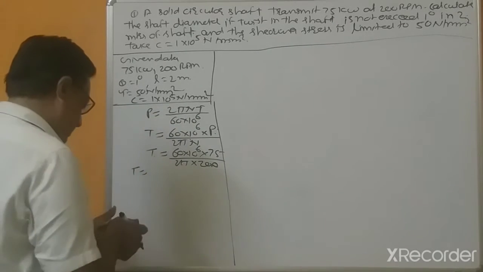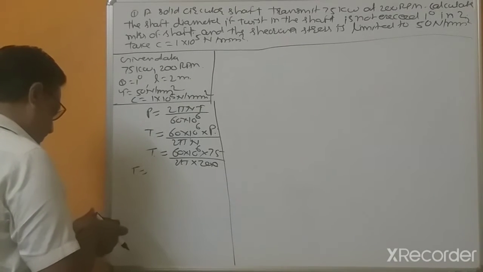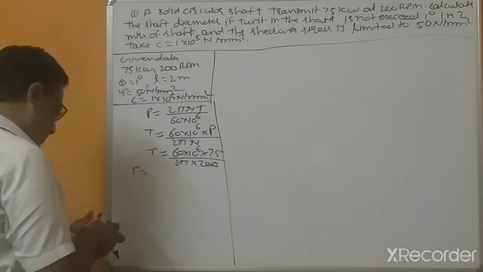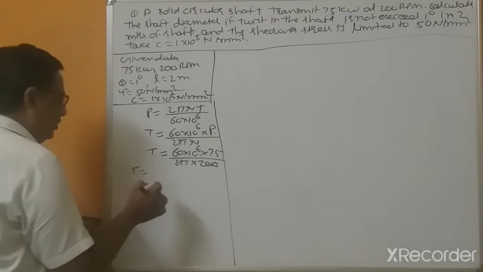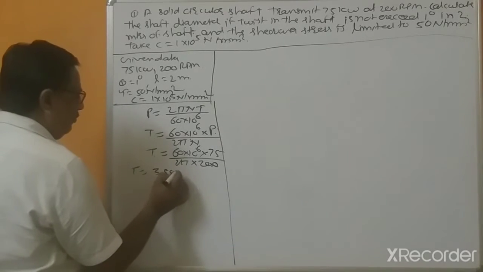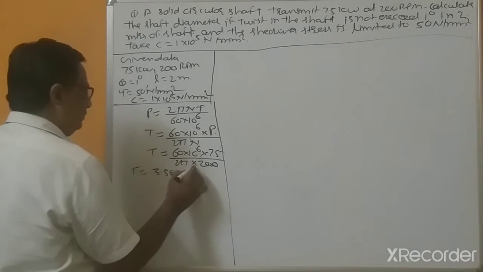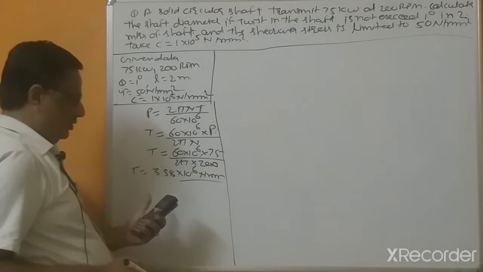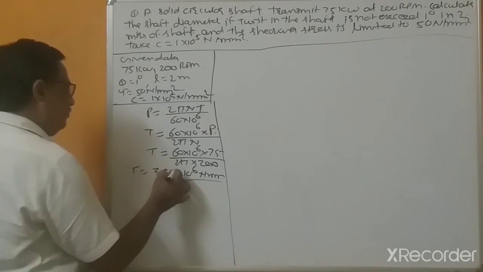T equal to 60 into 10 to the power 6 multiplied by 75 divided by 2 pi, and this is equal to 3.58 into 10 to the power 6 Newton mm. Suppose this is equation 1.